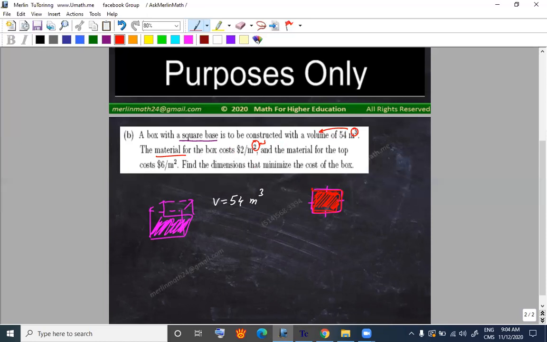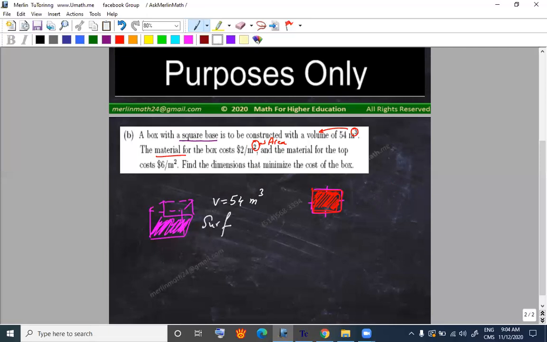Now the meter square has to do with area. The material that they are talking about may be interpreted as a perimeter, like the sum of the sides. But since it is in square units, they are talking about the area. Clear? So the meter square unit has to do with the area. For that reason, I shift now to the surface area.